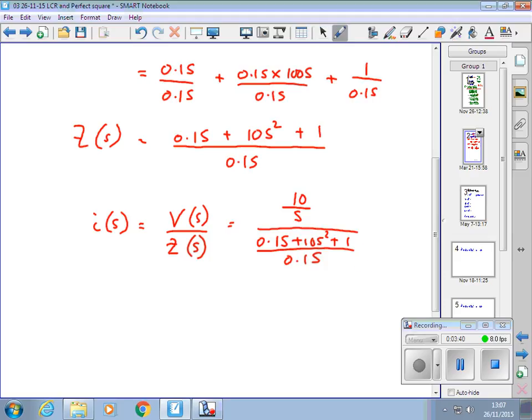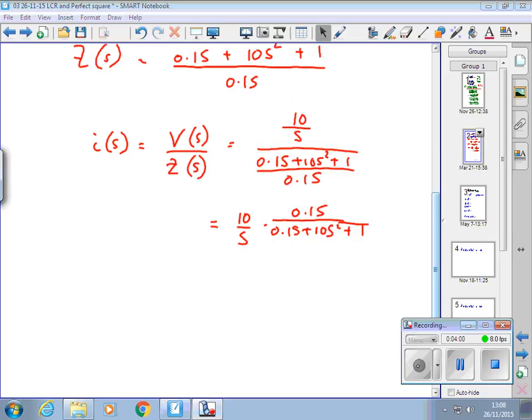What I do at this step is I now say that is 10 over S multiplied by the inverse of the bottom fraction, which is 0.1S over 0.1S plus 10S squared plus 1. So check that step. Make sure you see it, because it's what we do every time. Invert this bottom fraction and multiply.